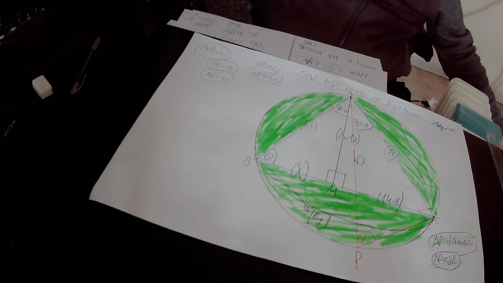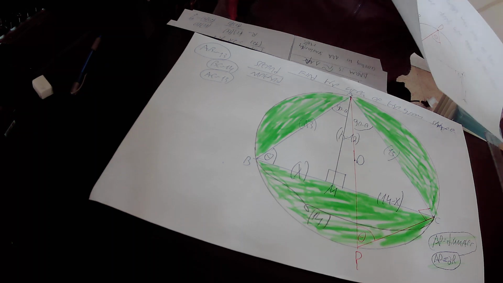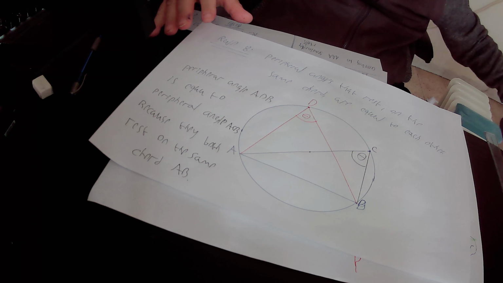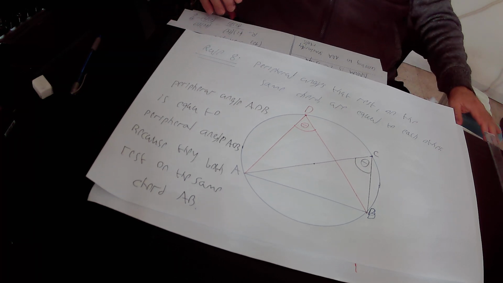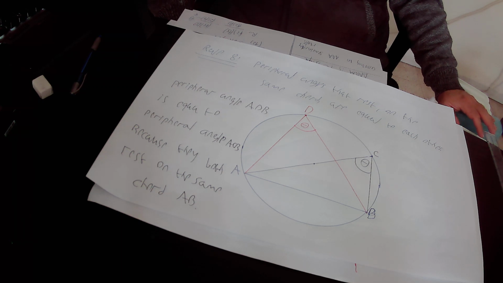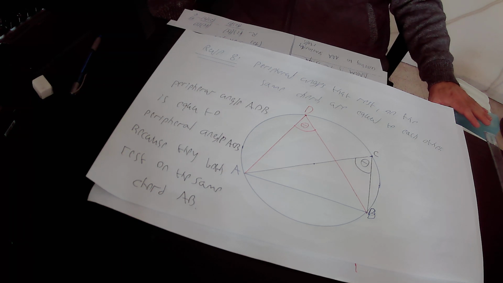Then I presented to you rule number 8 and implemented it in our drawing. According to rule number 8, peripheral angles that rest on the same chord are equal to each other.